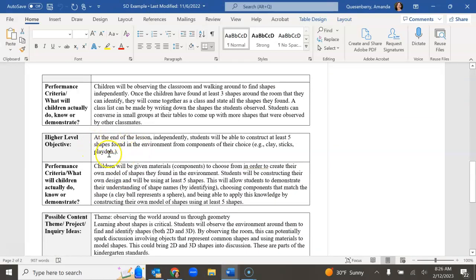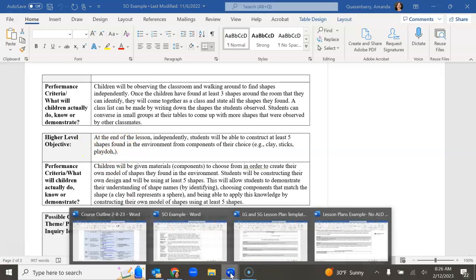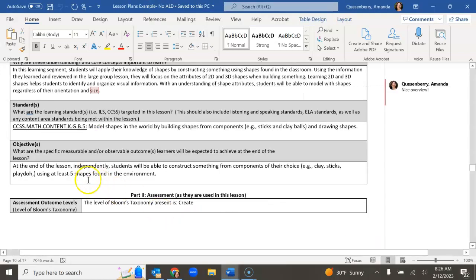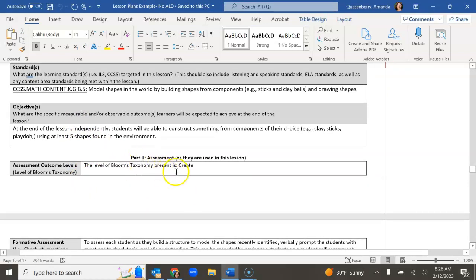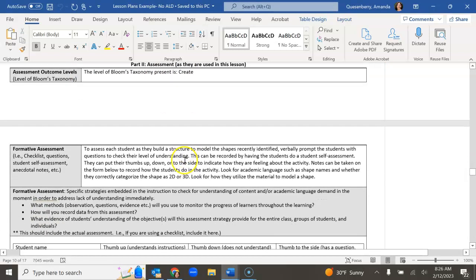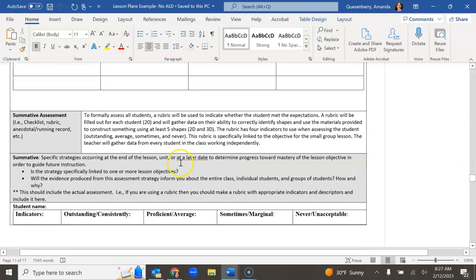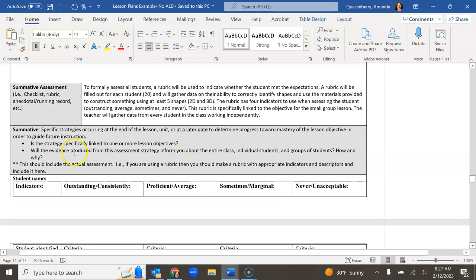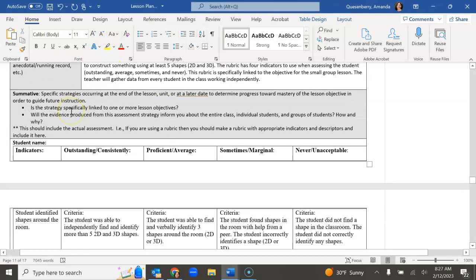Remember, you're taking the higher level objective. So if you look at this higher level objective, it aligns with this, which is the higher level objective. All right. The part of Bloom's taxonomy, assessments, and so on. Something to keep in mind is that with your summative assessments for your small group lesson, you will be creating a rubric.